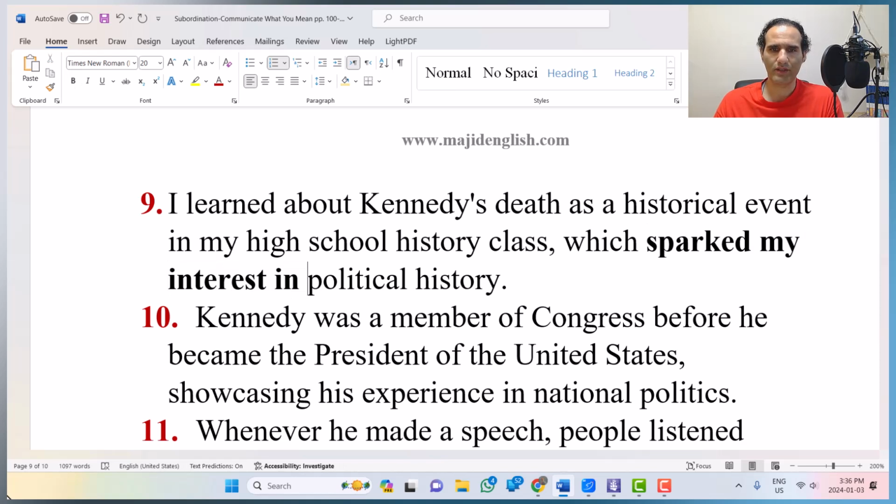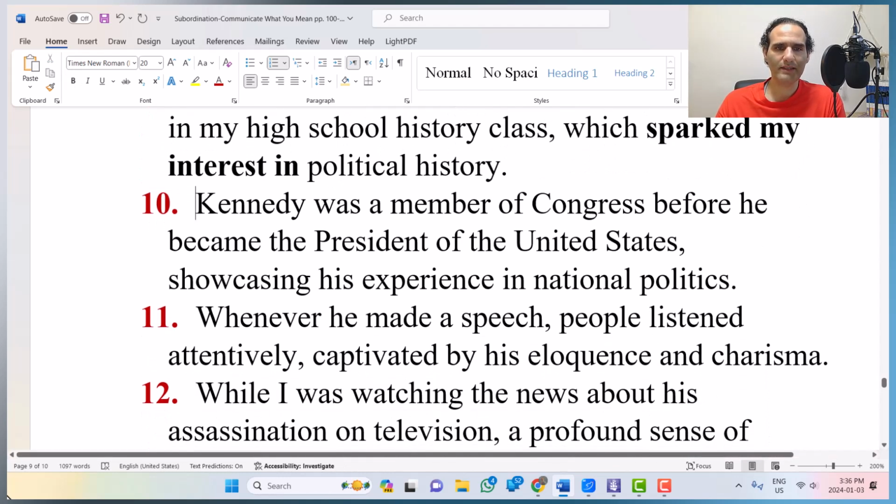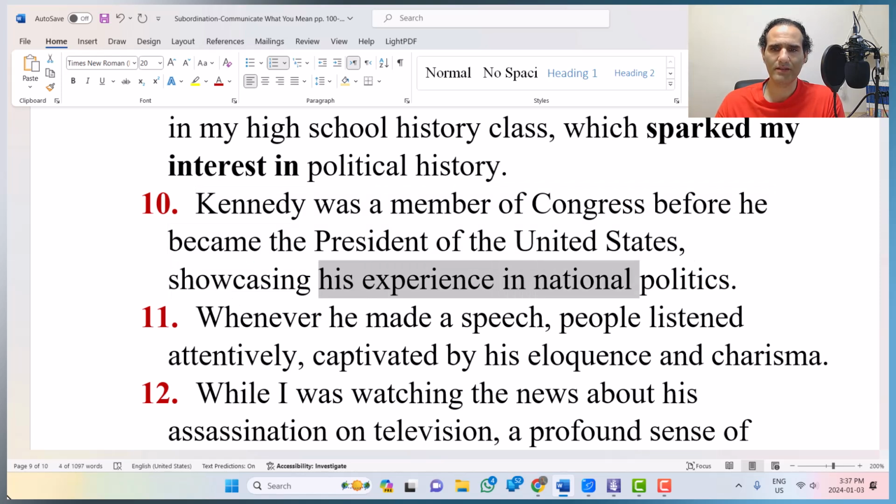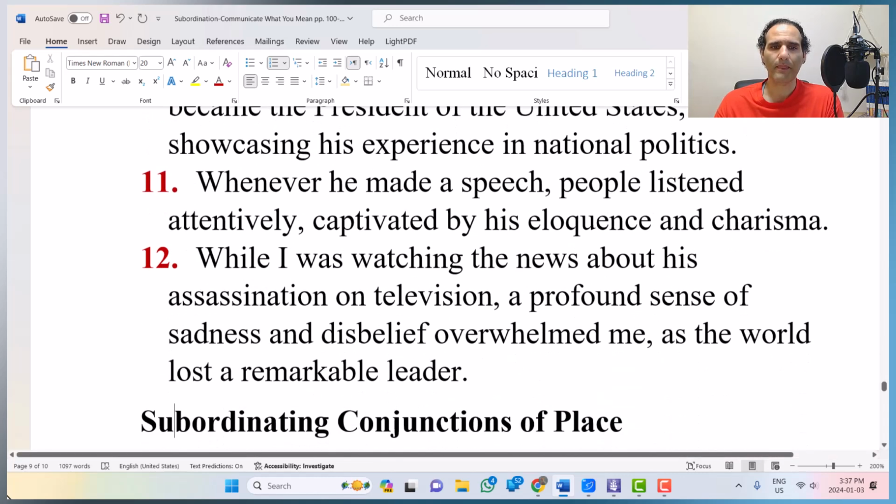Political history, and you know that it is political with the stress on the second syllable, but politics, first syllable, political, the second syllable. Number 10, Kennedy was a member of Congress before he became the President of the United States, showcasing his experience in national politics. Showcase, reveal, show, demonstrate.